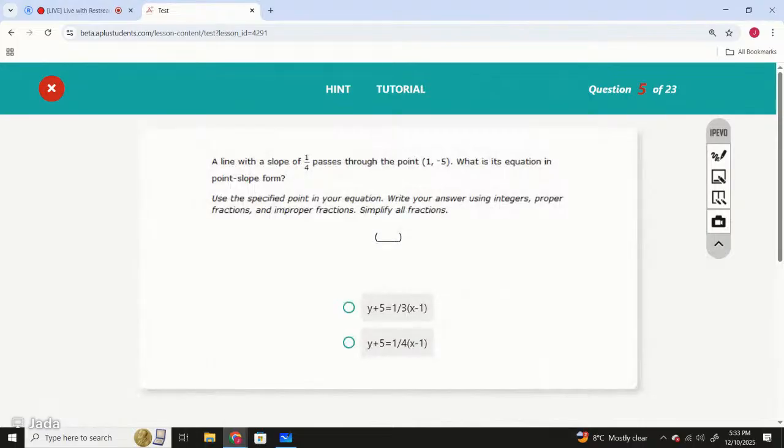A line with a slope of 1 by 4 passes through the point 1, negative 5. What is its equation in point slope form? So which is the correct option? We need to write down the equation in point slope form. The point slope form is y minus y1 is equal to m times x minus x1.